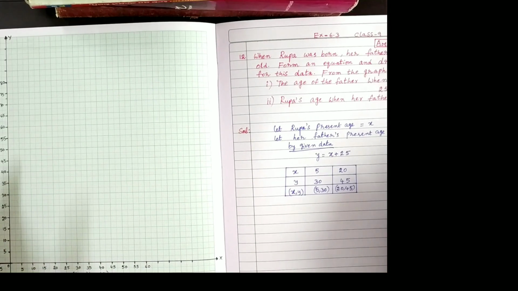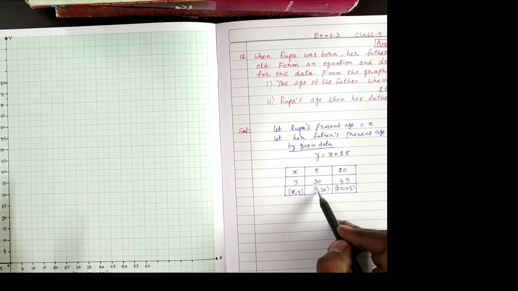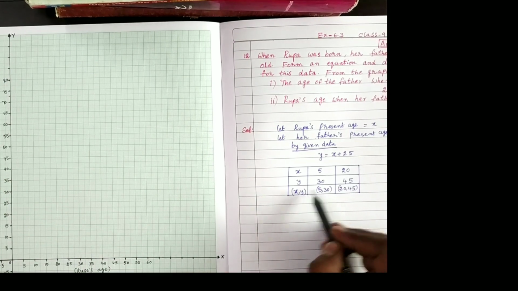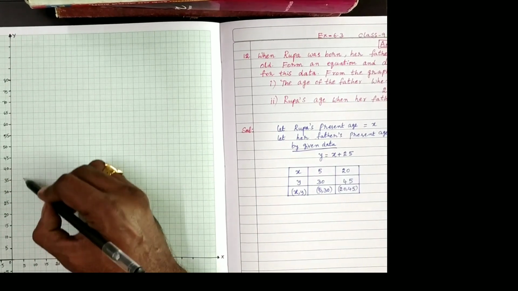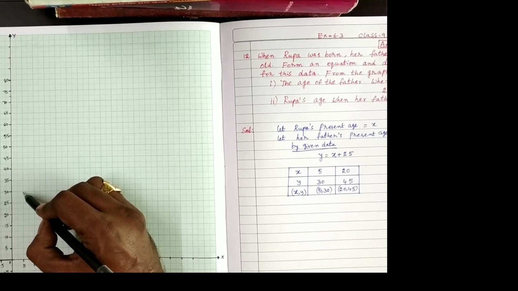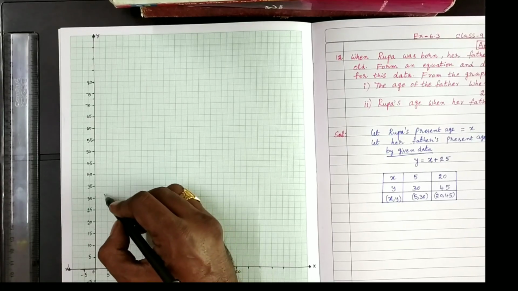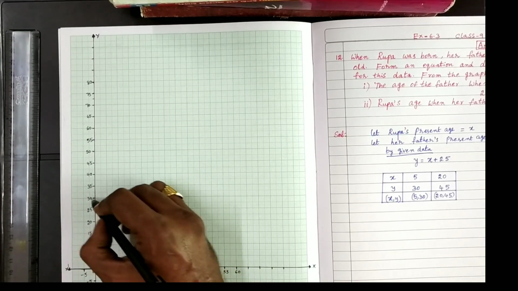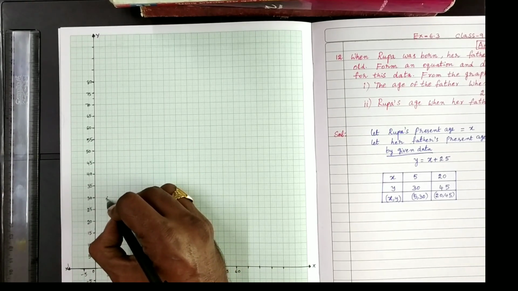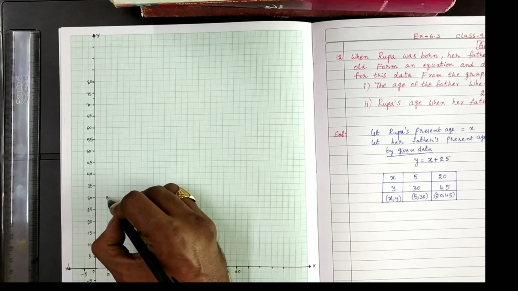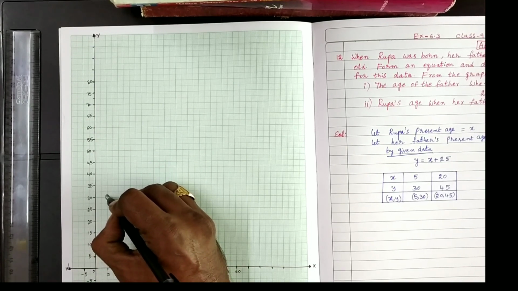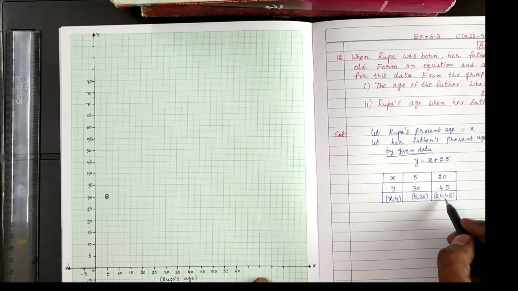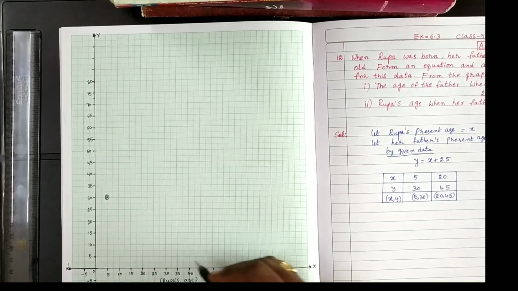By using these points, 5, 30. So x on the x-axis is 5, y is 30. So the common point is 5, 30. Mark it lightly and round it. And the second point is 20, 45.